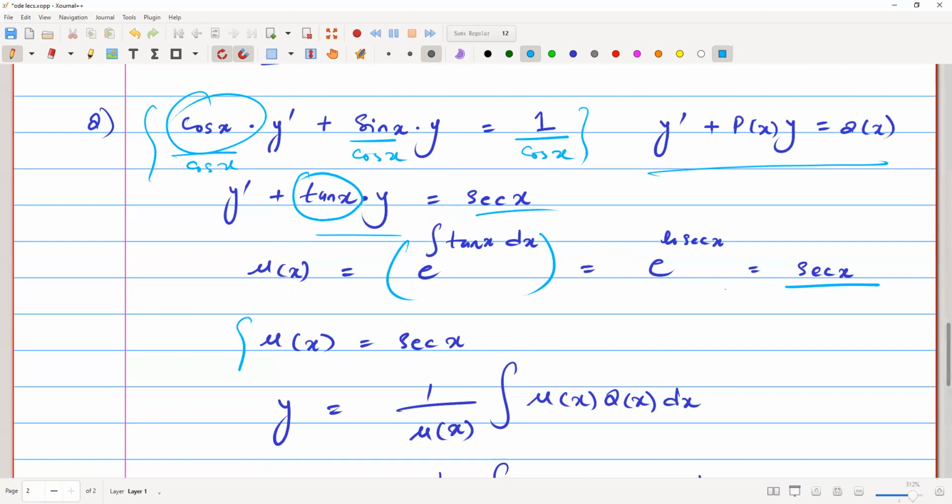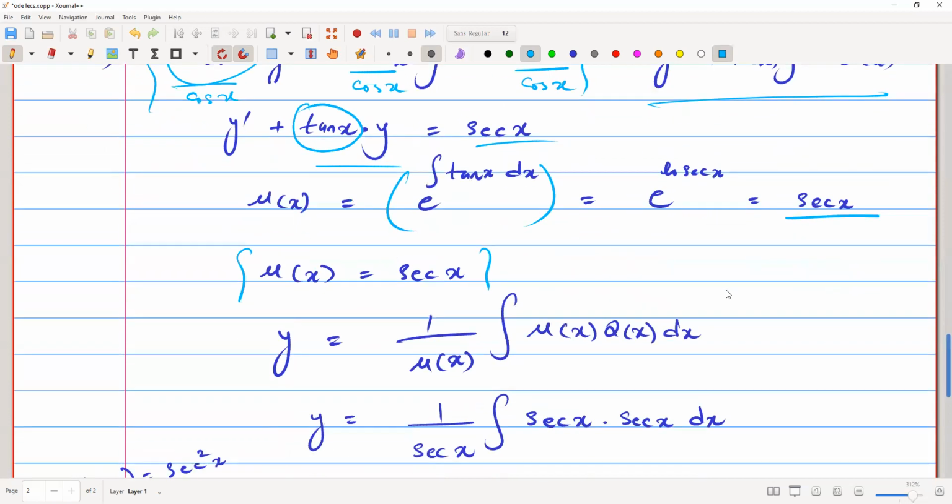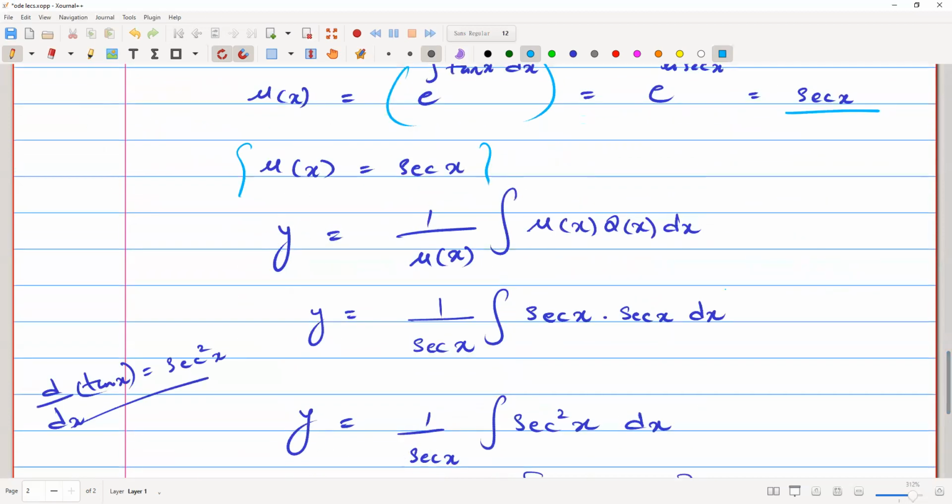So the integrating factor is mu of x equals secant x, and then we have the formula to find the particular solution. So y equals 1 over mu x times the integral of mu x times q x dx. So it's 1 over secant x times the integral of secant x times secant x, because mu of x is secant x, and q of x is also secant x, right?